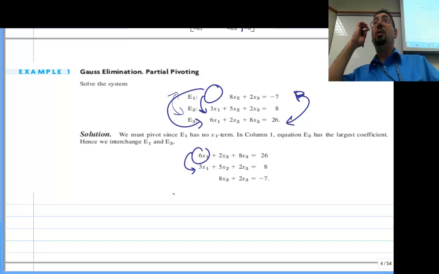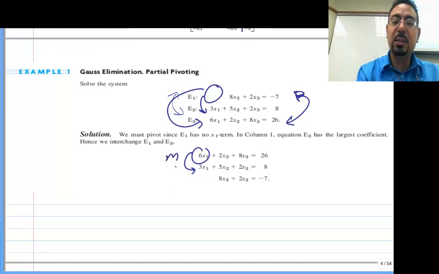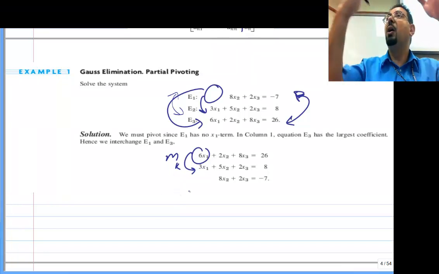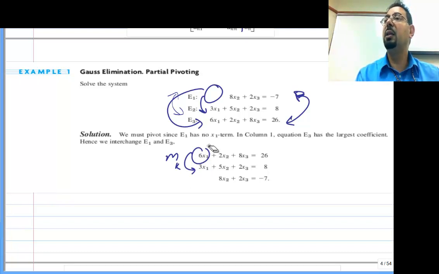Okay, so we need a multiplier for the second row. We need a number that we multiply the first row with so that we get 0 under it, and a multiplier for the third row. Every row underneath has its own multiplier, and that multiplier will always be this entry divided by this entry, with a negative sign.